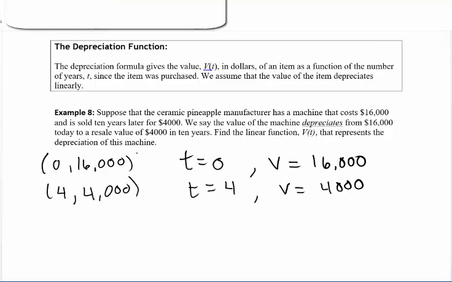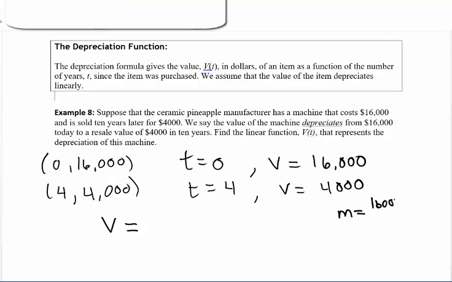So if we're looking for a linear function that models these 2 points, we're going to use what we know about lines. We're going to look for the slope of the line and the intercept. So over here on the side, let's talk about the slope. The slope is the change in y over the change in x, or the change in the dependent variable over the change in the independent variable.